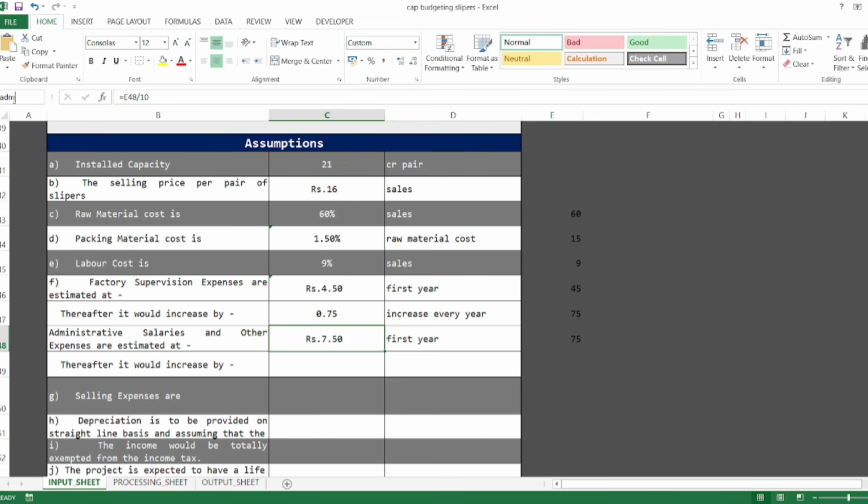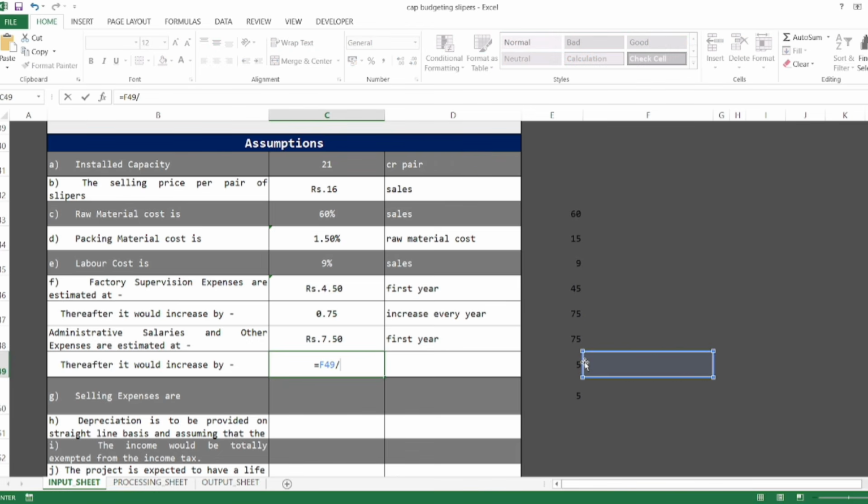So E49 divided by 10, this will increase every year, and rename these two, first is admin expense, and second admin expense increase.